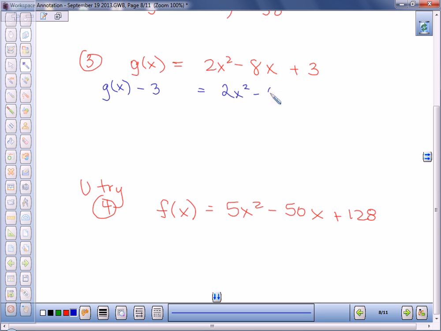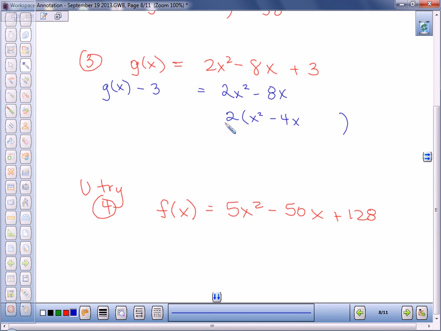So we have to factor that out. And when we do, we're left with x squared minus 4x. Now, we're not factoring out the GCF. We're only factoring out the coefficient because we still want to make a perfect square trinomial. And if we factored out the GCF, then we wouldn't have a perfect square trinomial. So we're just factoring out the coefficient.